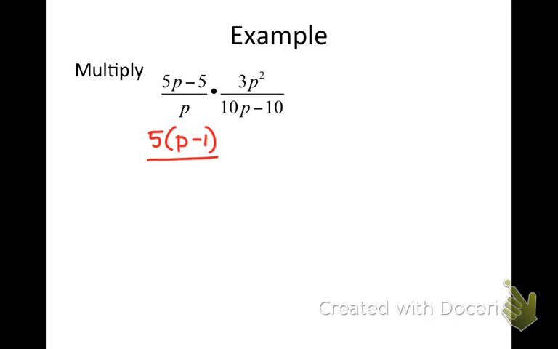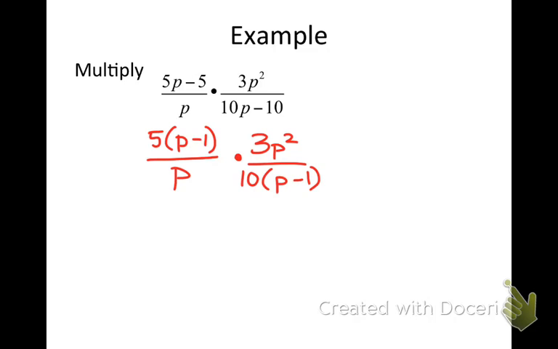I can't factor p any further, so that's just going to stay a p. Times 3p squared. Can I factor that? Nope, it's just a monomial, so I'm just going to leave it as 3p squared. All over, what can I factor 10p minus 10 to? GCF of 10 leaves me with p minus 1.